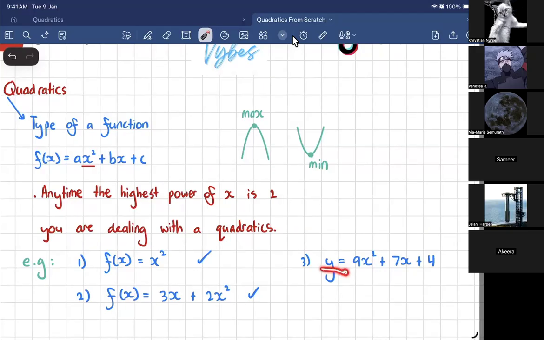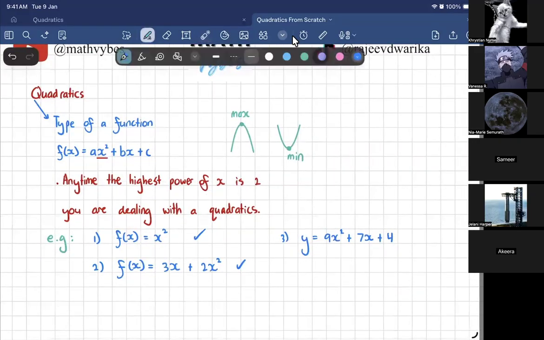We did functions previously. F of x represents the output of a function. So remind me, x is the input, and what's the output? Y. So if you see me write y instead of f of x, just know it means the same thing. So don't get confused. This is a quadratic as well. So I'm going to give you all some questions to do by yourself. Identify if it's a quadratic or not.